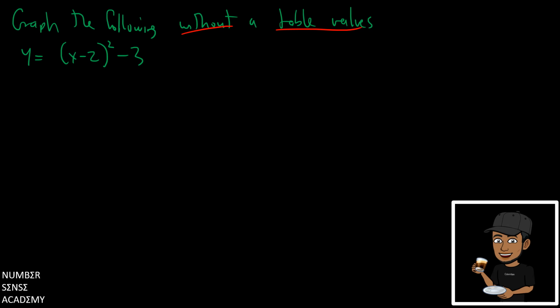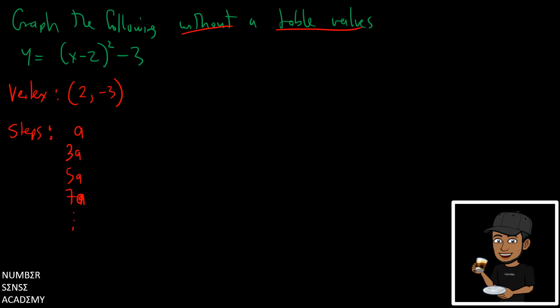Well, the first thing we need to grab is the vertex, h and k. So we know that the vertex is going to be 2 and negative 3. So we're going to graph that. The next thing you need to figure out is what we call steps. The steps are pretty straightforward. The steps start with a, and it's going to be 3 times a, 5 times a, 7 times a, and so forth.